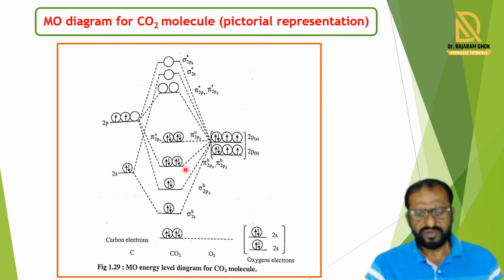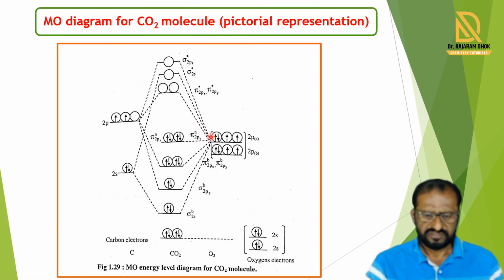So again we revise here, these bonding molecular orbitals are mainly contributed by the oxygen atomic orbital and less contributed by carbon atomic orbital, while the antibonding molecular orbitals are more contributed by carbon atomic orbitals and less contributed by oxygen atomic orbitals.